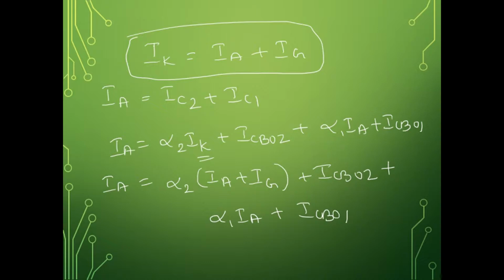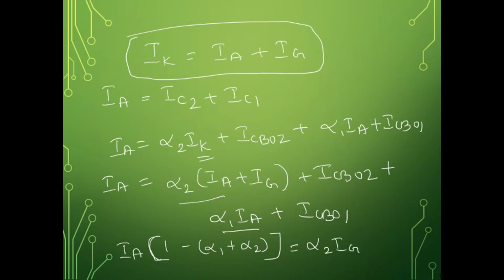Whichever terms contain IA, I will take to the other side. So this becomes IA into (1 minus (alpha 1 plus alpha 2)) is equal to alpha 2 into IG plus ICBO1 plus ICBO2.